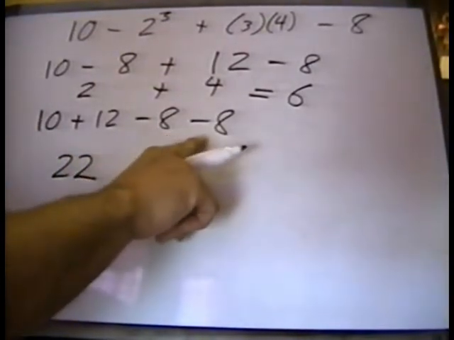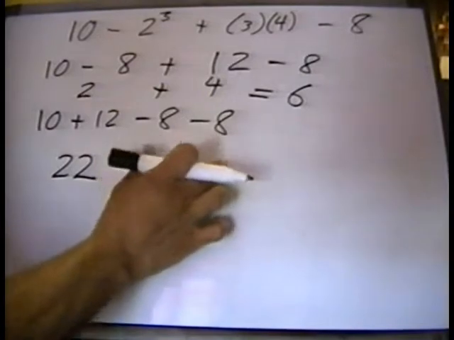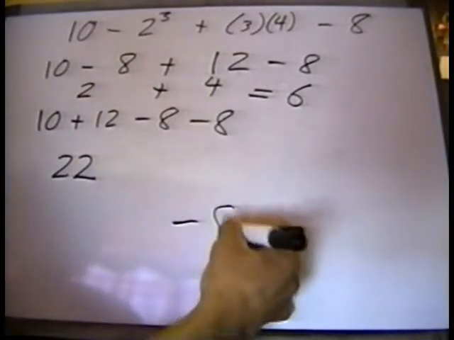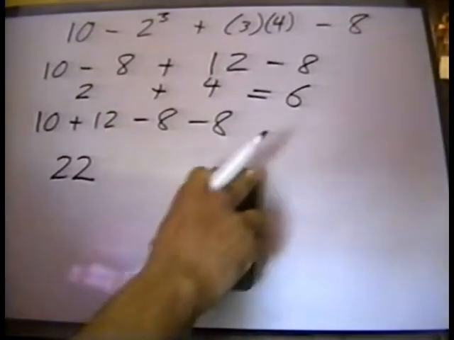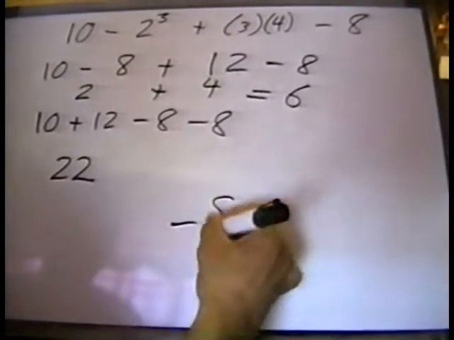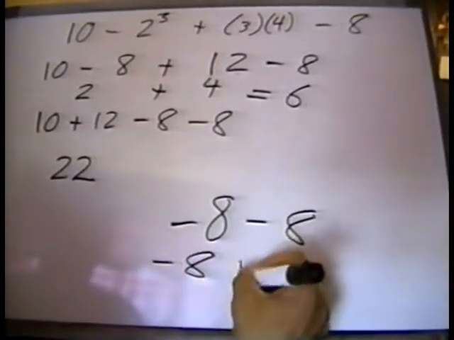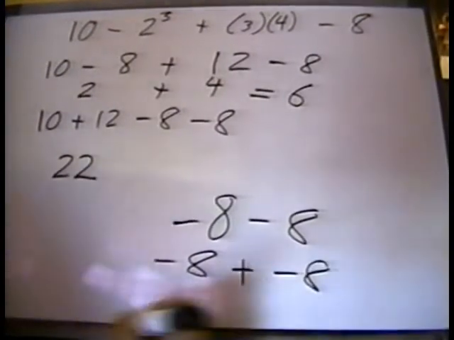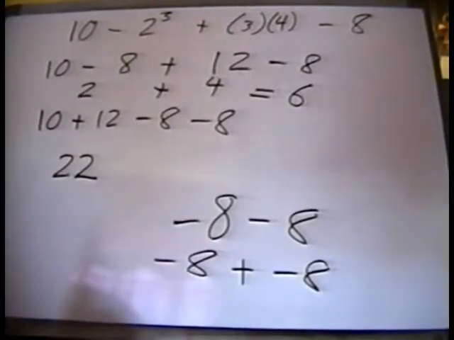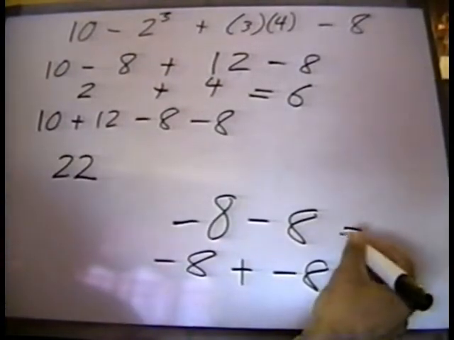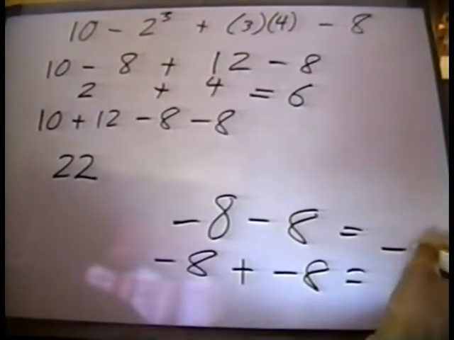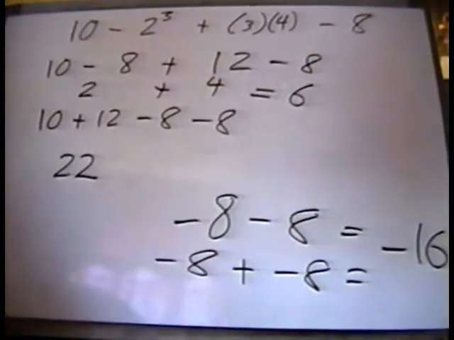Now here you have negative 8 minus 8, or negative 8 plus a negative 8. So of course, it's going to give you a negative 16.